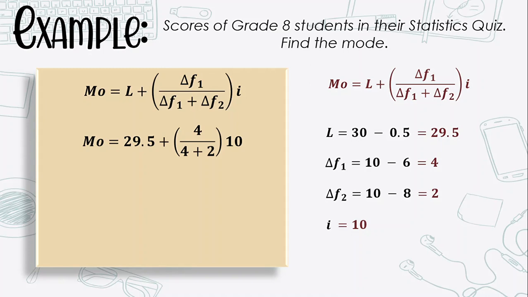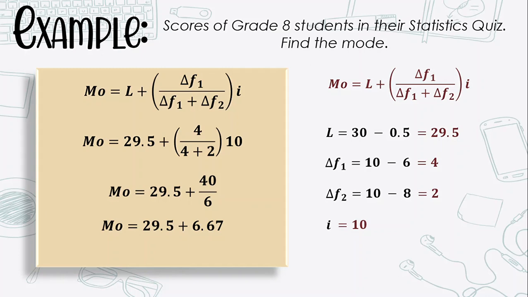Then multiply it by 10, that is 40 over 6. So now we have 29.5 plus 40 over 6. Let's first evaluate 40 over 6, that is equal to 6.67. After computing that, we can now add it to 29.5.